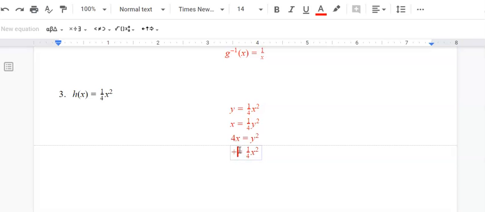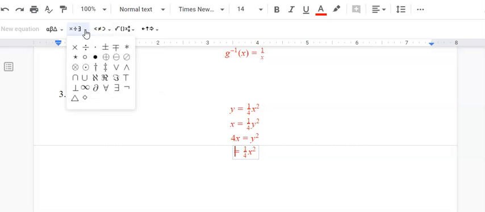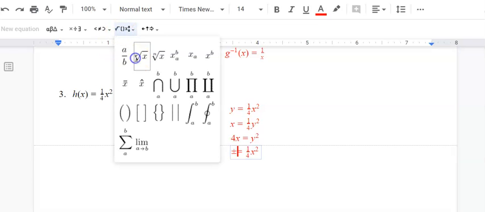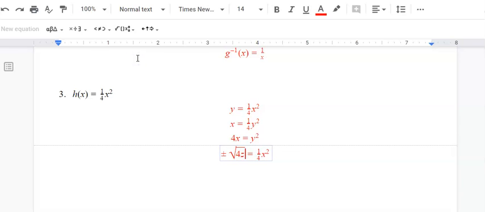To do plus minus, you can't just type plus minus. My other programs do that, but this one you have to go find it. So it's actually here in your toolbar. So plus minus square root of 4x equals y.